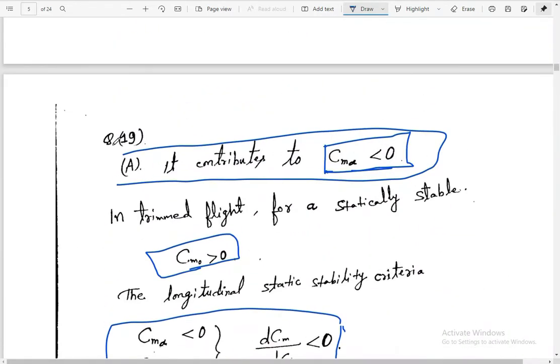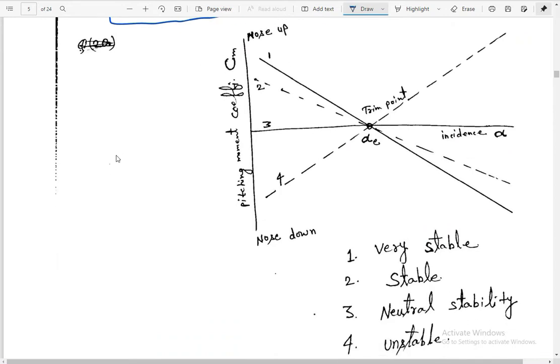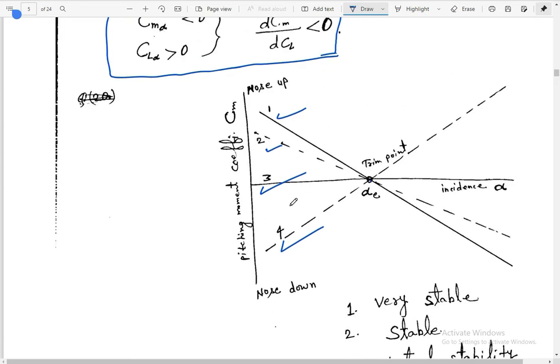For question number 19, I mentioned for the trim point, this is the graph for pitching moment coefficient and incidence angle of attack. Nose up, nose down, and according to this graph you can see line 1 shows very stable, line 2 stable, line 3 neutral, and line 4 is unstable. So according to this graph we can also understand which line represents which one.